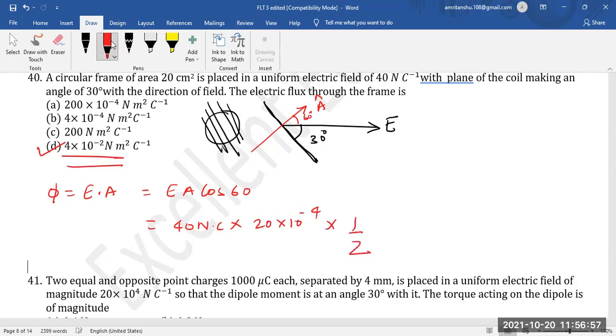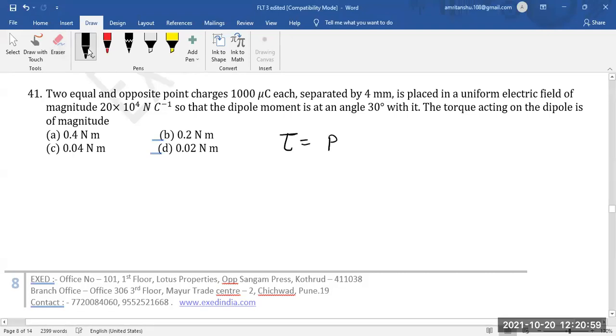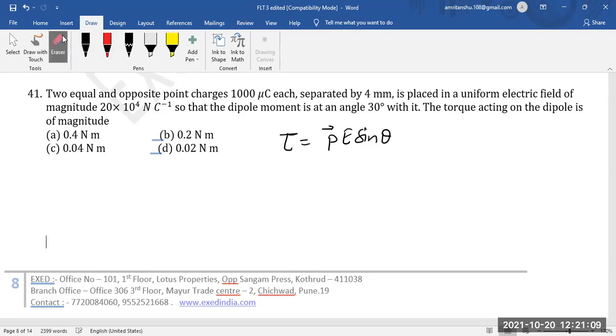So we all know the torque acting on a dipole is given as PE sin theta. Here we need not put it in vector format; we can directly use this relation.